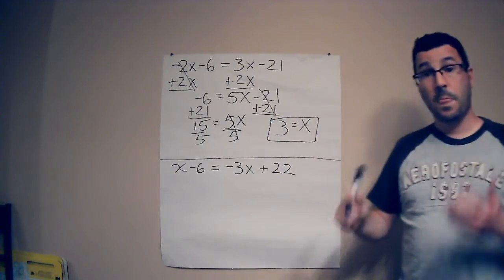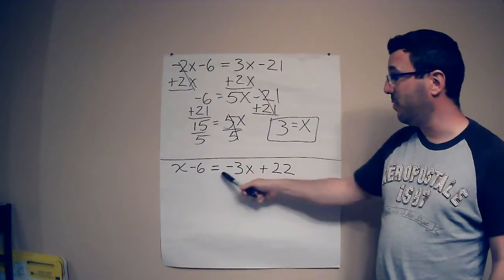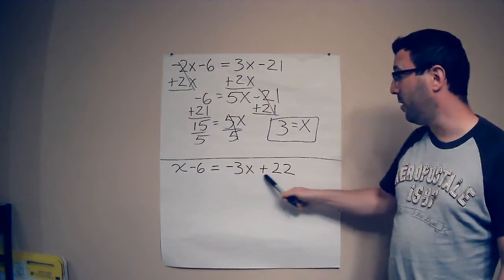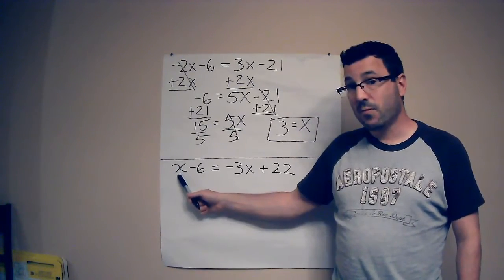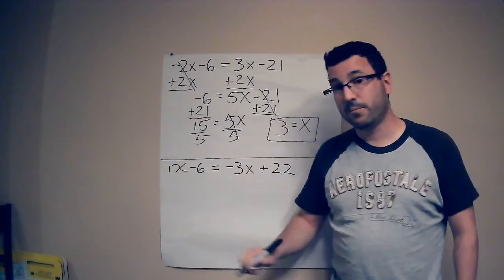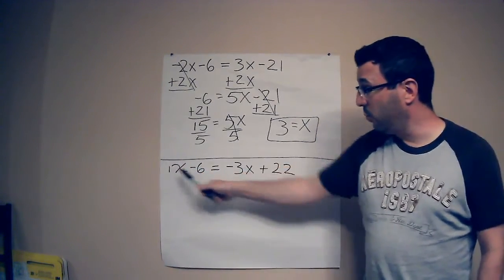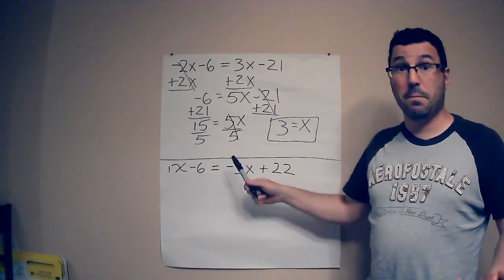Okay? Last one. Here we go. X minus 6 equals negative 3x plus 22. Again, here's our x. What number is its coefficient? 1. Is 1 bigger than a negative 3? Yes, because it's positive.